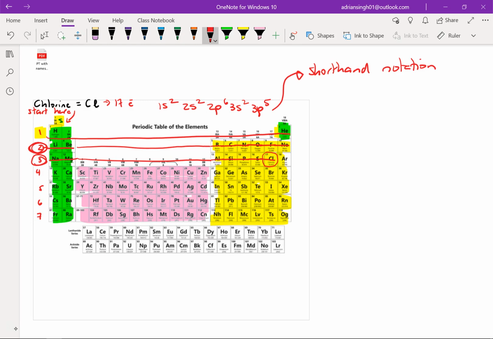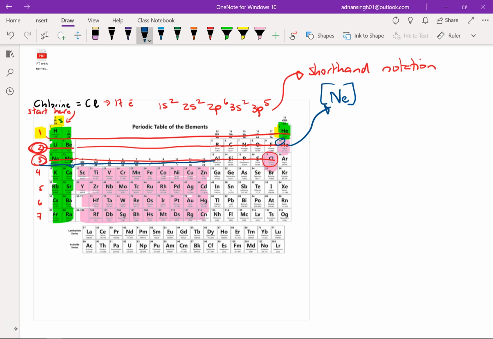So if we go backwards from chlorine, the group 8 element that came before it was neon. So we can simply put neon in square brackets, Ne, and that accounts for all 10 of those electrons from neon right away. So then to account for the remaining 7 electrons, we go 3s2 and 3p5.